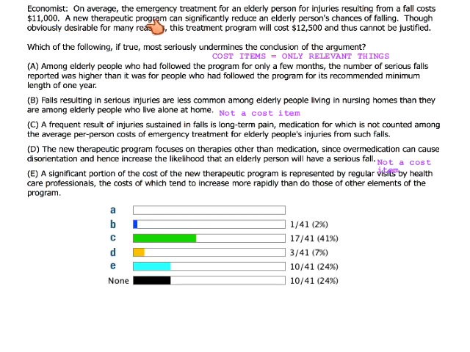For each fall, it's $11,000 in the emergency room, and it's $12,500 in this program. That's per fall, so it doesn't matter how often or how not often people fall, because you can still compare the numbers.